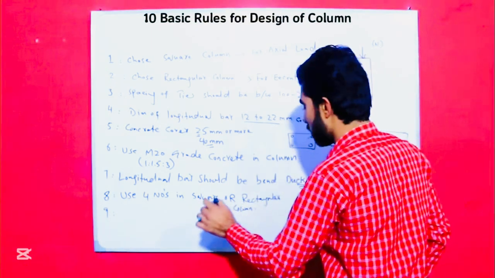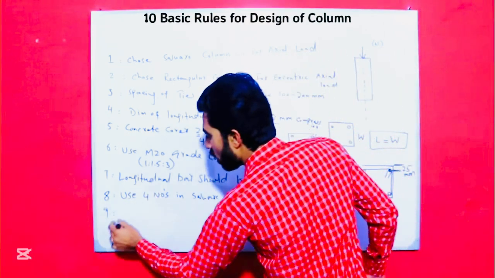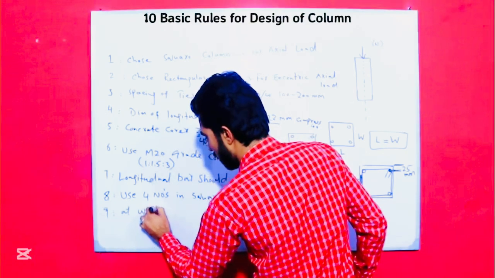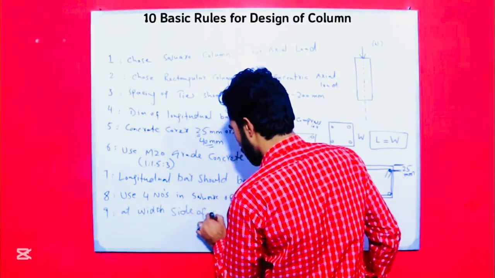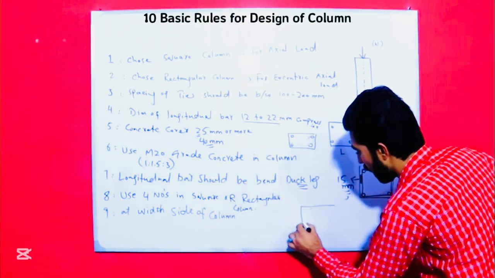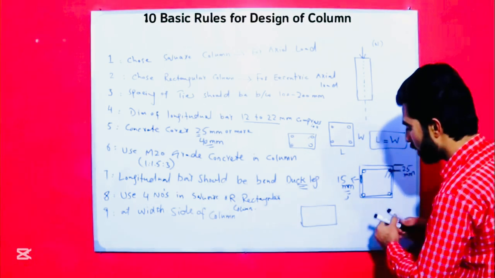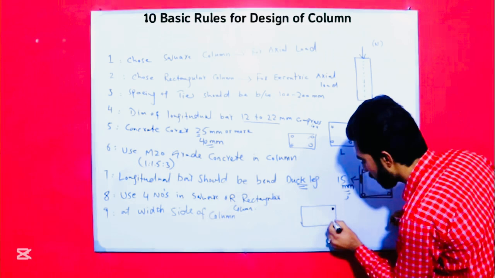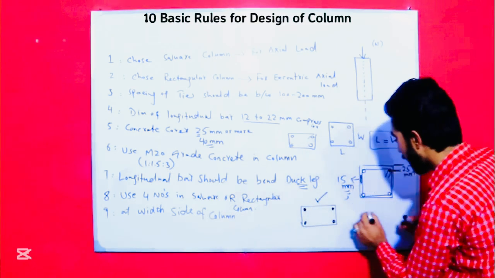But the ninth one is, guys, at the width side of the column, the longitudinal bars should be at the outer side like this, not like this.